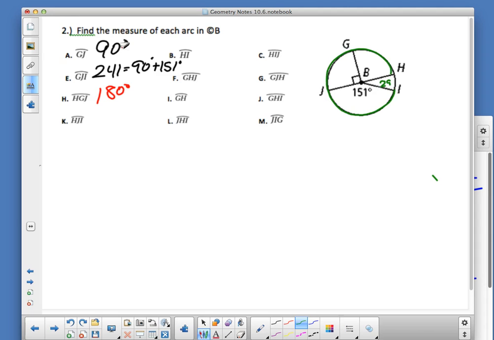HJI is everything on the circle but the 29 degrees. So that's 360 minus 29, which is 331. You okay with what I'm doing? I'm using the idea of addition or subtraction to find my arc measures that are identical to the central angle measure that defines those arcs.